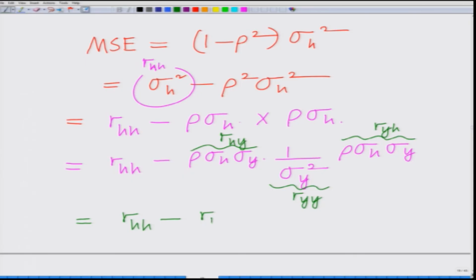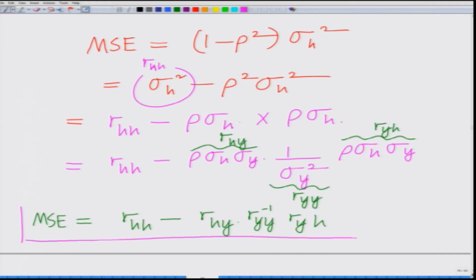So, this is r h y into r y y inverse into r y h, and this is your convenient expression for the MMSE. In this case, this is the minimum mean squared error.